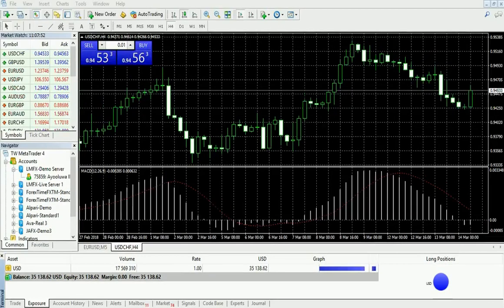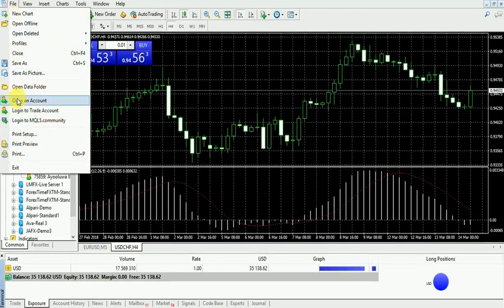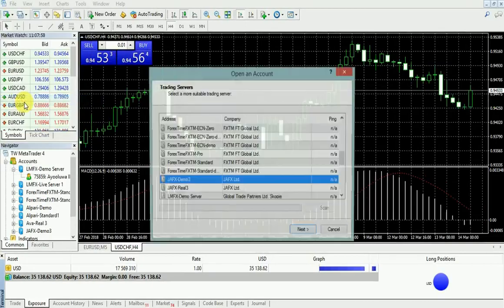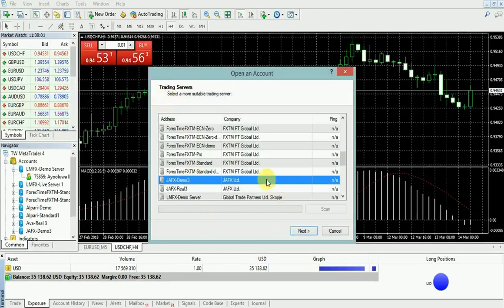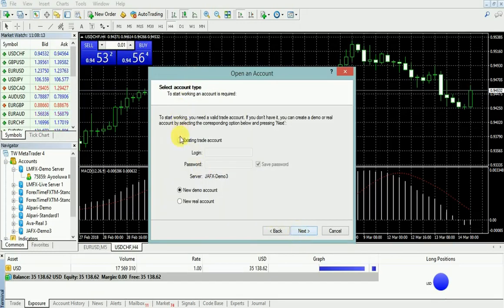So you come over to file, open an account, next, new demo account. Existing.